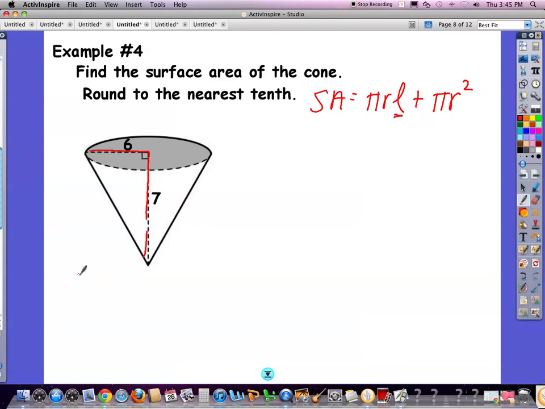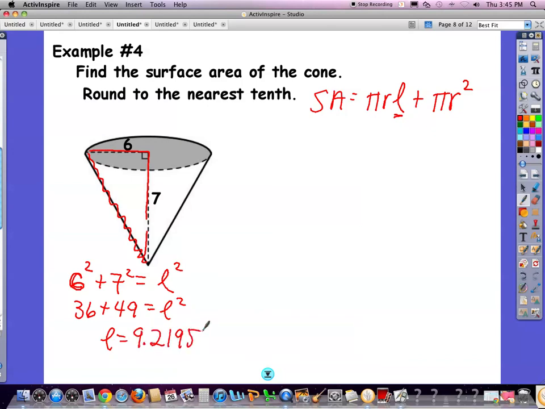So I'm going to use 6 squared plus 7 squared, because I need this, and that's the hypotenuse, is equal to L this time. This is supposed to be a 6, by the way. So I have 36 plus 49 equals L squared. And let's see, if I do the math on that, I'm getting L to be a 9.2195.